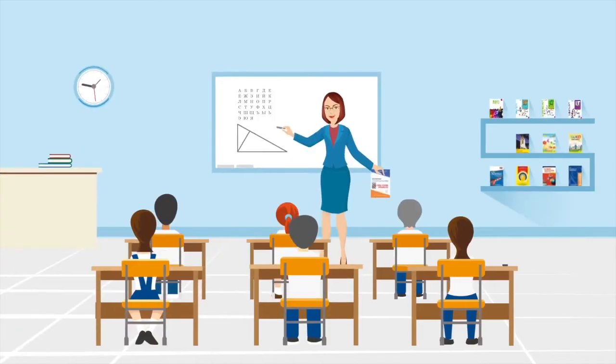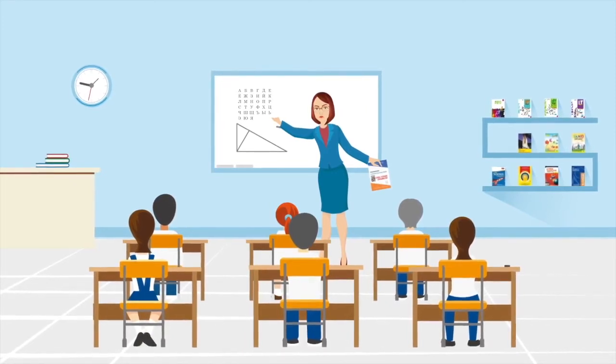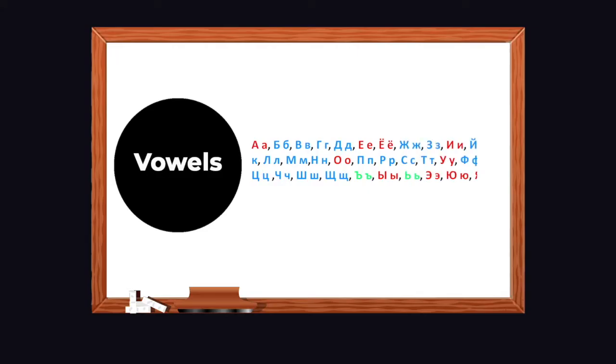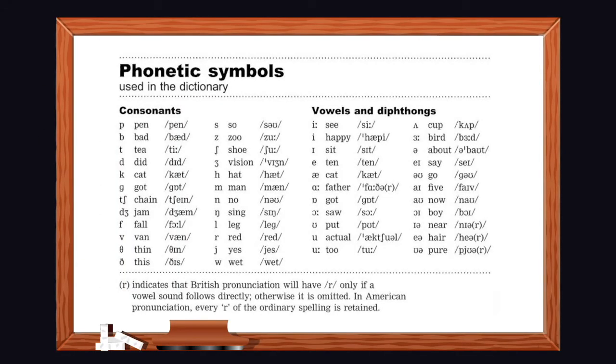As you are already aware, in the previous module we discussed the Russian alphabet, its letters, and differentiated all these letters as vowels and consonants. In the introductory phonetics of the Russian language, there are certain concepts that we need to remember and keep in mind regularly in order to understand the basics.